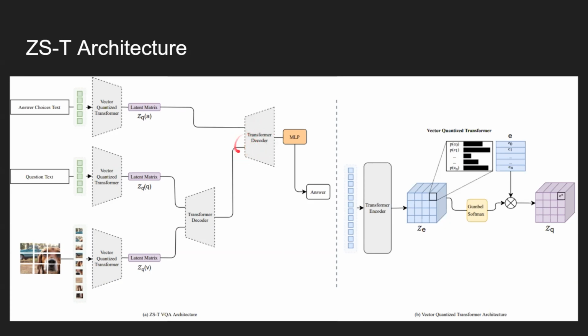The final transformer decoder performs cross attention on the image, question, and answer text features, and feeds its output to a multi-layer perceptron. And I think we know the rest of the story here. This is how we get our answers.